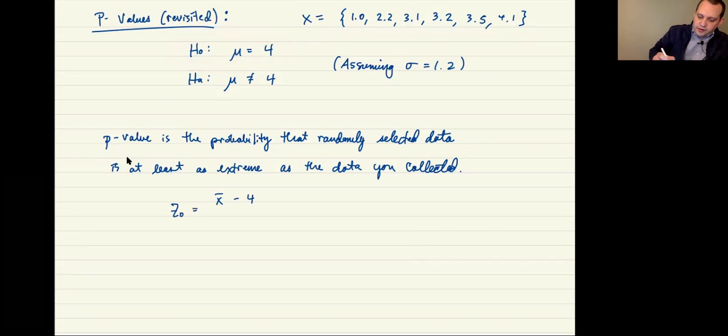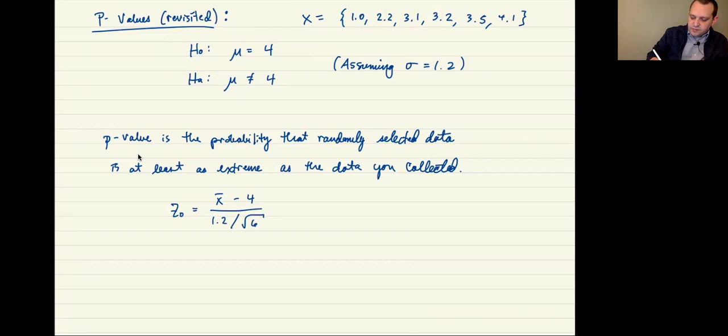Then we divide by the standard deviation of the population divided by the square root of the sample size, which we learned in chapter 7. In our case, that's 1.2 divided by the square root of 6 data points.